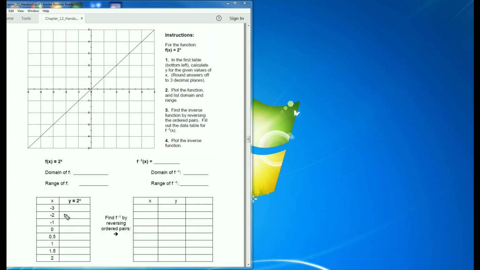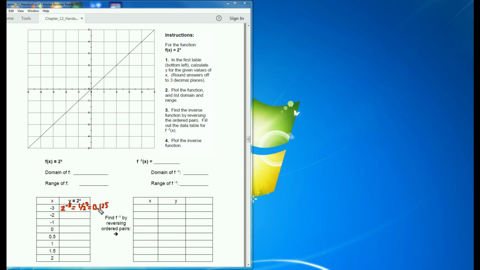Calculate these in decimal form, because you're going to plot them. For example, if x equals -3, then y equals 2 raised to the -3. You can do that on your calculator, or you can know that it's the same as 1 over 2 to the +3, in other words 1 over 8, which in decimal form is exactly 0.125.